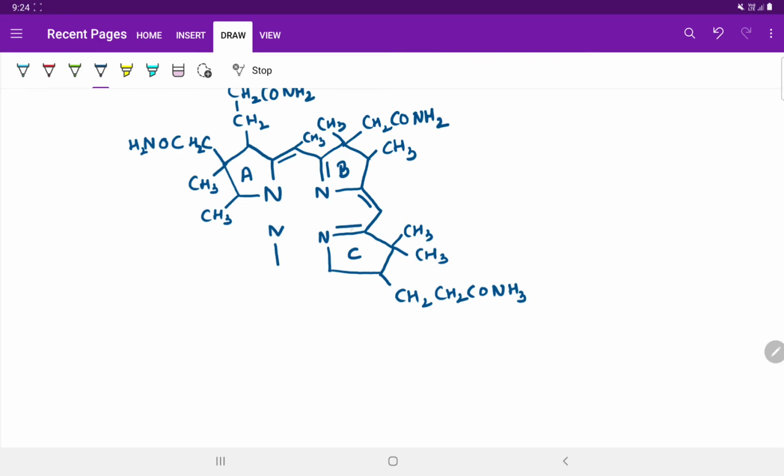And now again, we shall be drawing here our last pyrrole ring structure, that is also linked together with a methene bridge, and here a methyl group is attached.